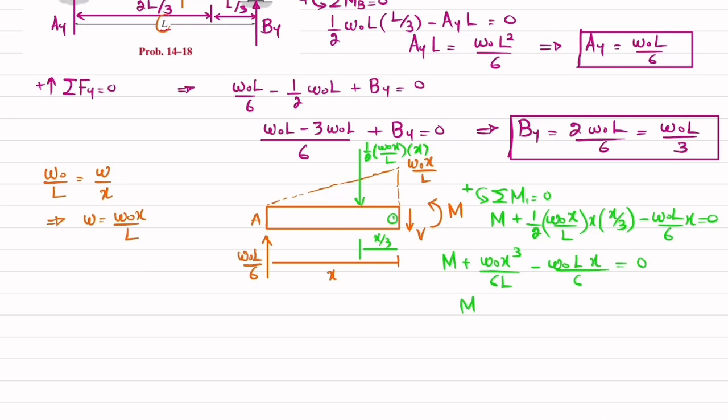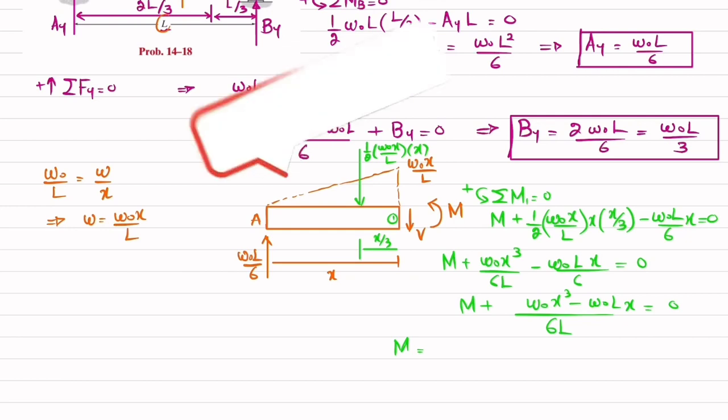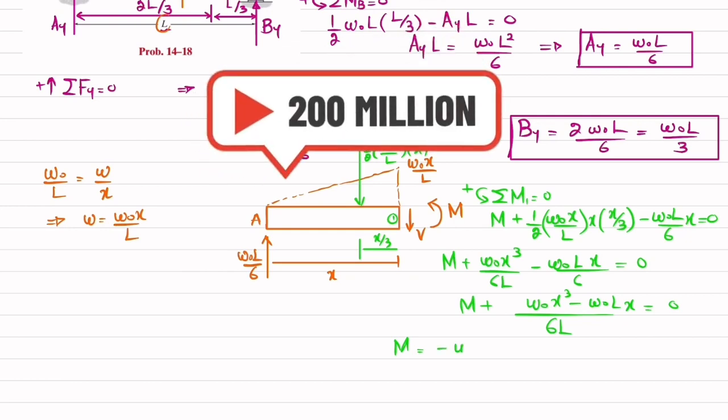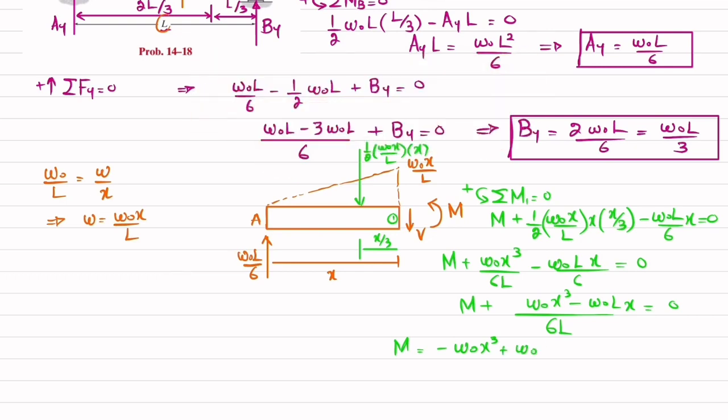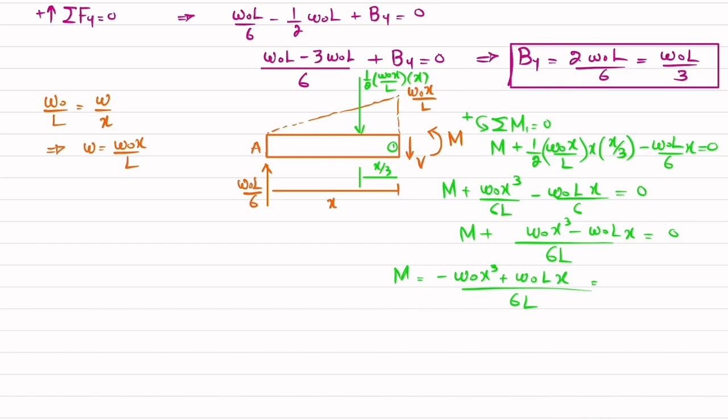So you can take the LCM. This is 6L, and that will give you W0 X cube minus W0 L X is equal to 0. So this moment M will become equal to minus W0 X cube plus W0 L square X over 6L. And when you take W0 common, W0 over 6L is common.